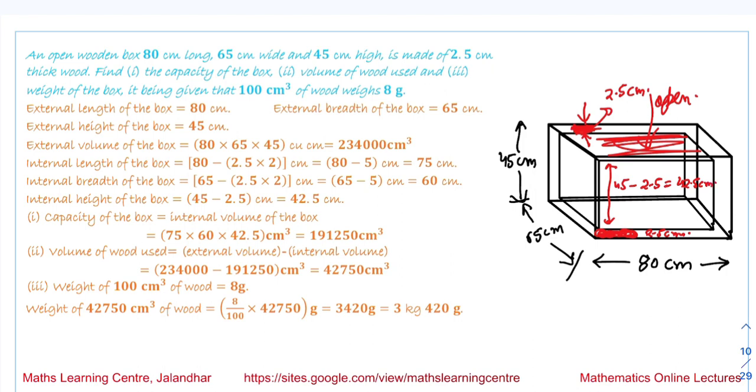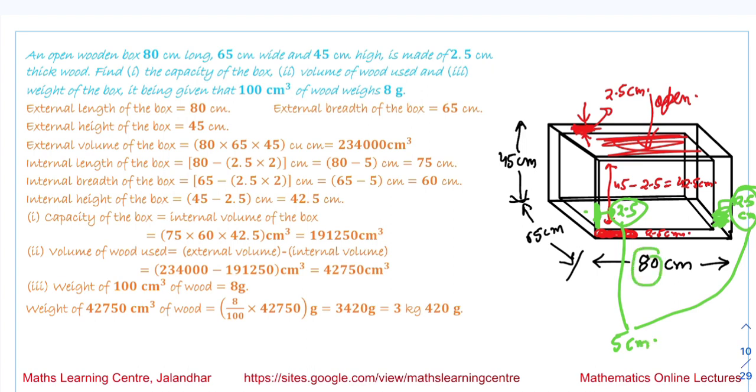Similarly, when we talk about the length of this box, on this side the thickness is 2.5 centimeter, and on this side the thickness is 2.5 centimeter. So the total thickness is 5 centimeter.